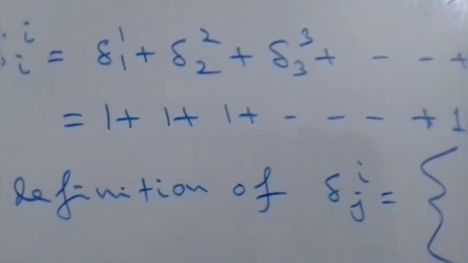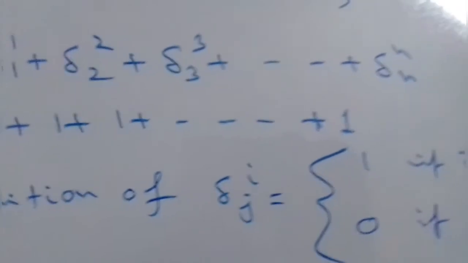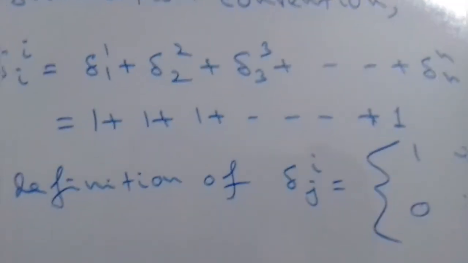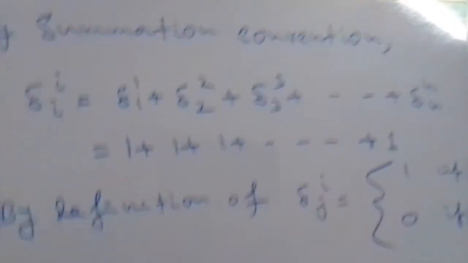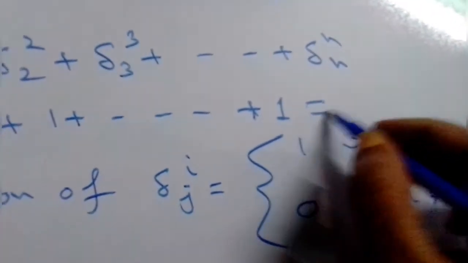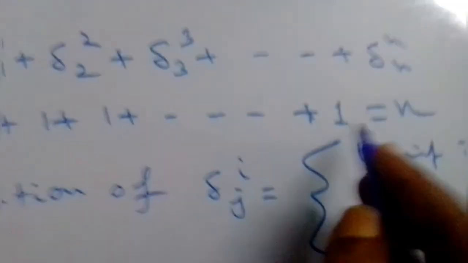So delta 1 1 is 1, delta 2 2 is also 1, so all are plus, and finally we have n number of 1 terms. So we can write it clearly as n. So n number of 1, that's why it is n.